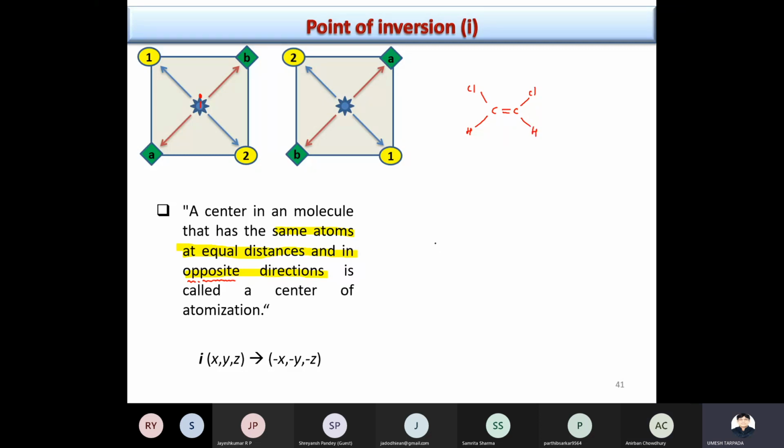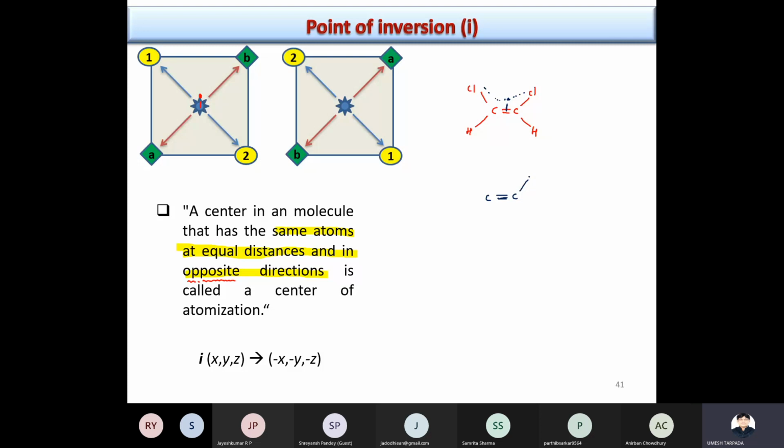Equal number of atoms are present at the same distance, but these are not in opposite direction. That's why I is absent. The definition of I is that an equal number of atoms must be present at equal distance in opposite direction. This is very, very important.